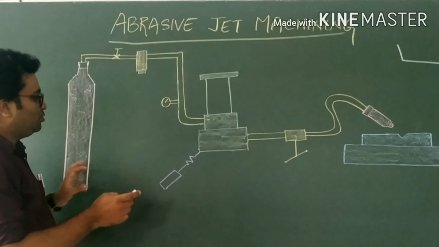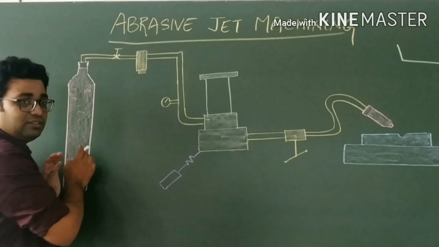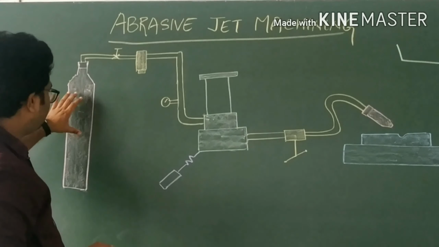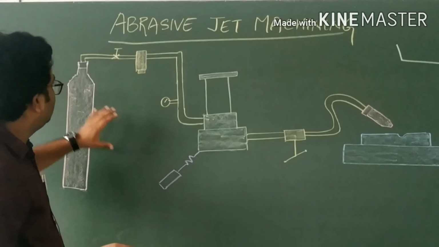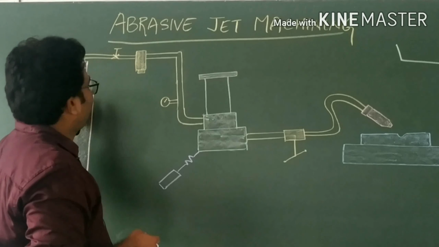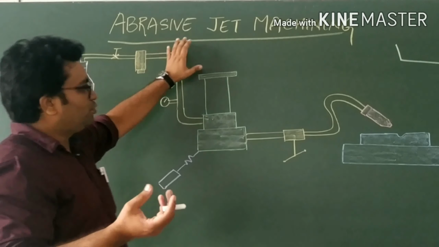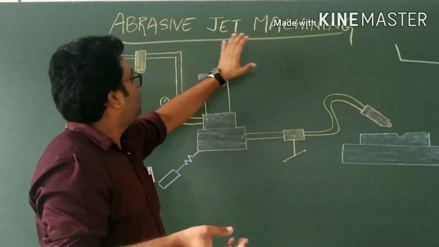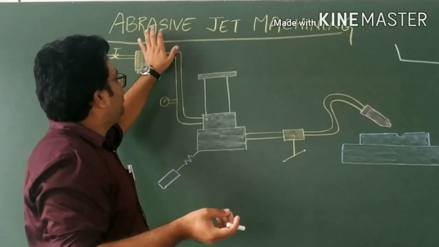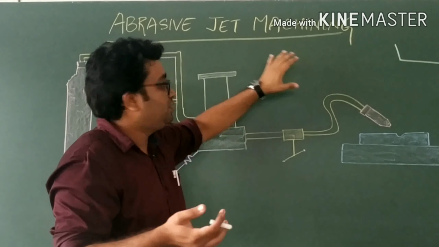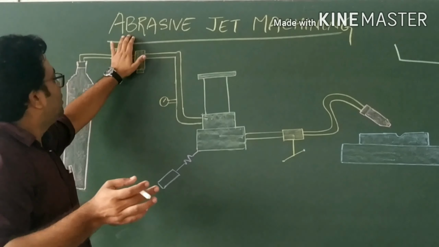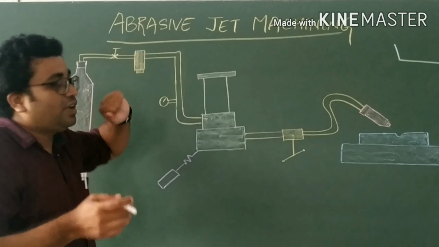First of all, I would like to start from the beginning. What is the component used? Basically, the raw material. Before coming to the main working, I would like to throw a brief light on the name itself. What does it imply? First, the abrasive.